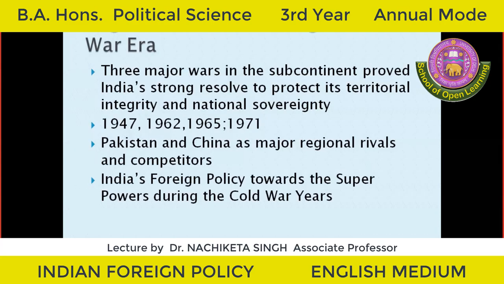And therefore, whenever we try to understand our foreign policy, the strategic interest of India has to be analyzed, understood, and explained in terms of our bilateral relationship with Pakistan and China. So that is another aspect of our understanding of foreign policy.